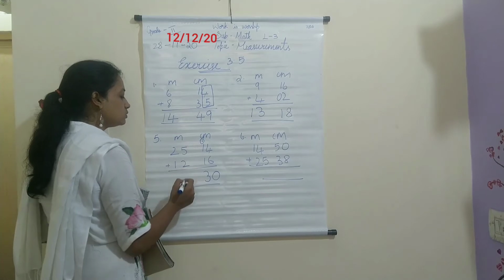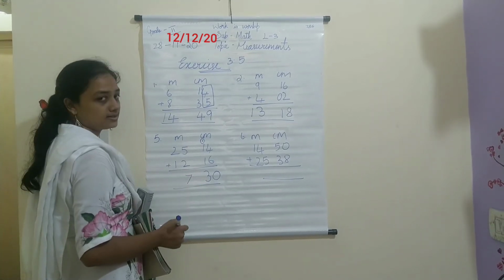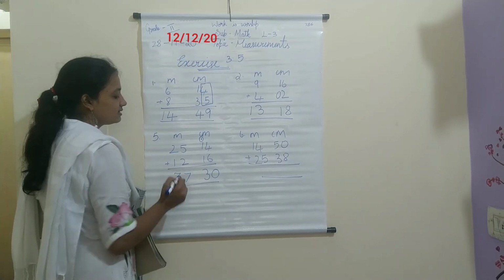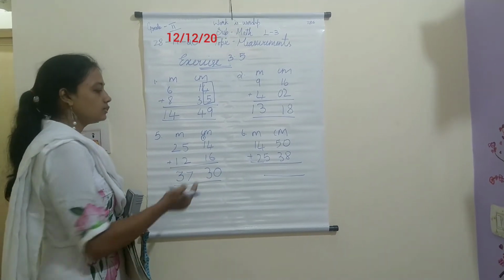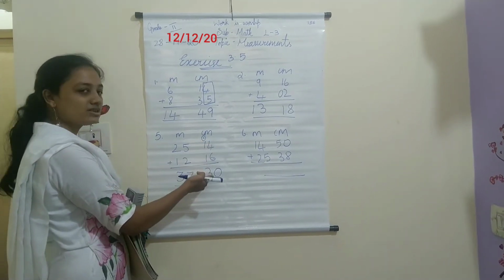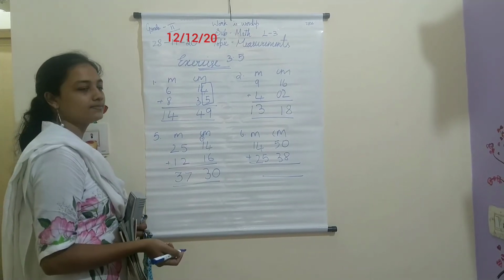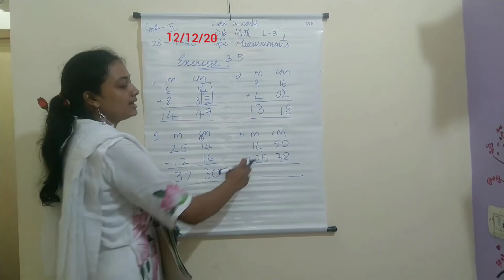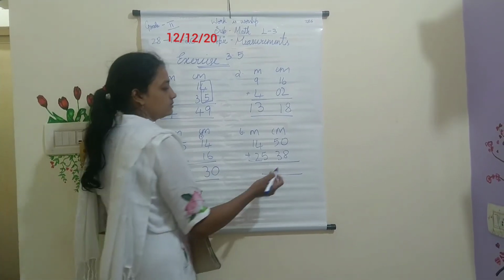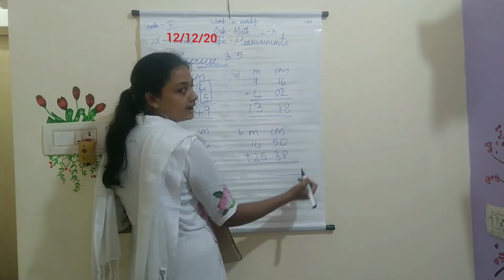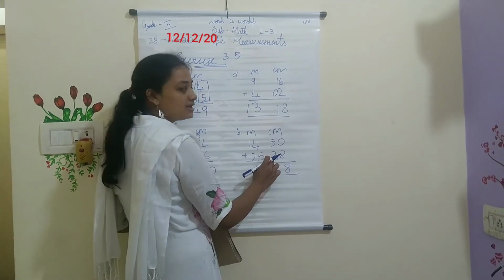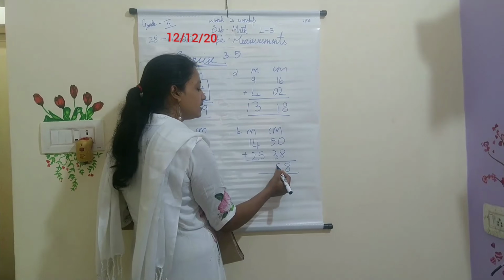What's 5 plus 2? 7. 2 plus 1? 3. So you can see we have just a carry over here. But it's just similar to how we do normal additions. So, let's do the next, sixth one. I have 0 plus 8 is 8. 5 plus 3 is again 8.